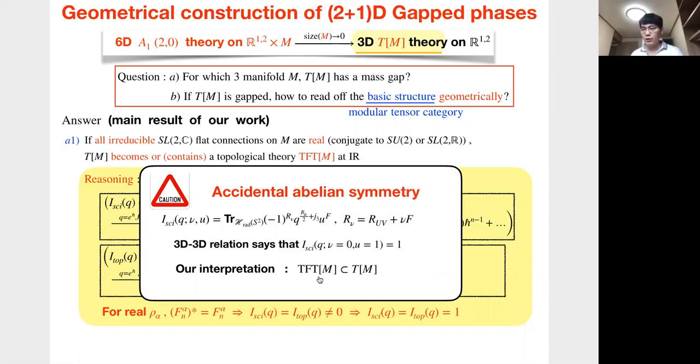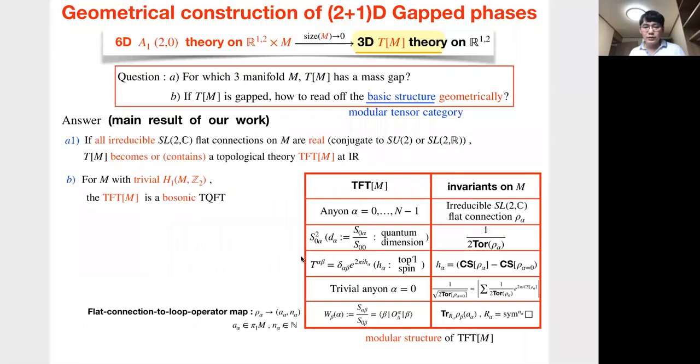This is our interpretation, and we will come back to this point later. So this is one of our main results: if all the irreducible flat connections are real, then we claim that this theory will become a topological theory or contains a topological theory.